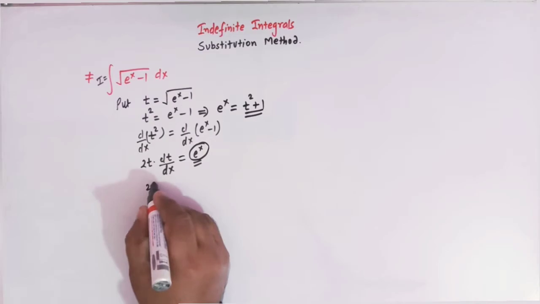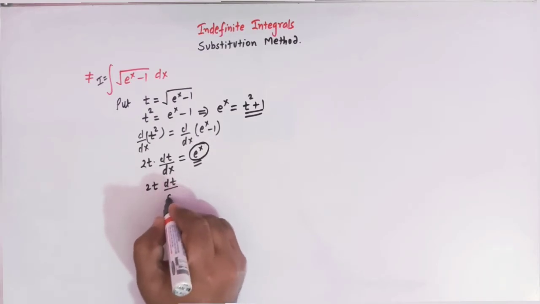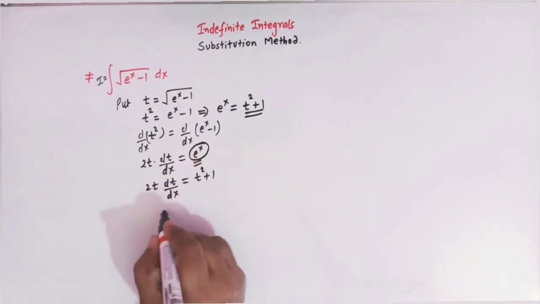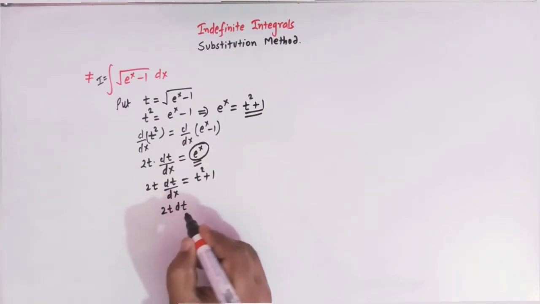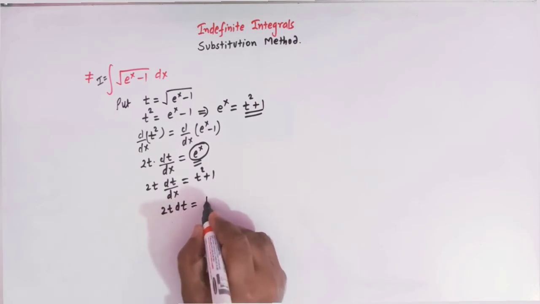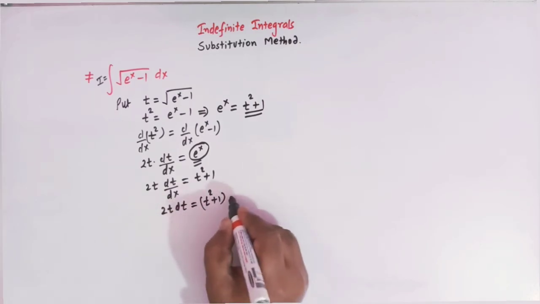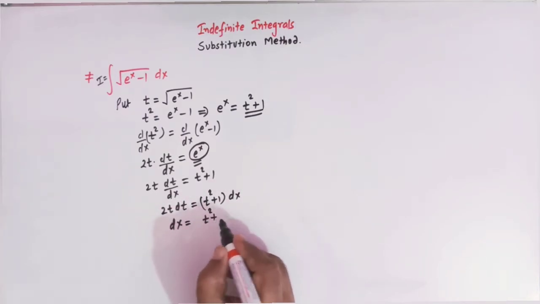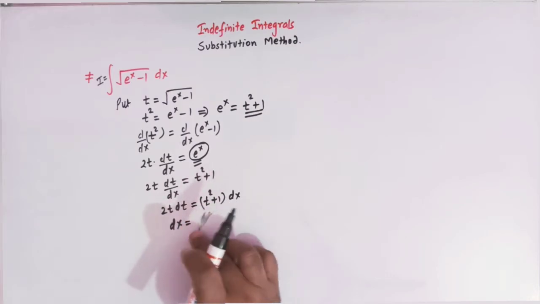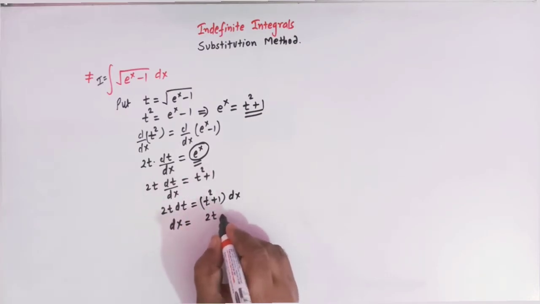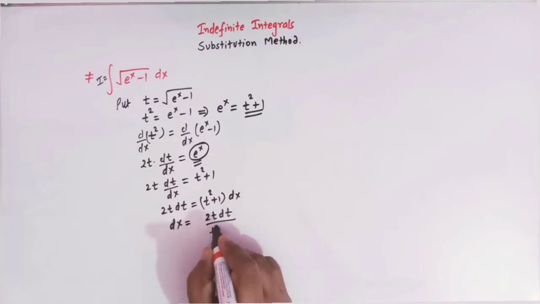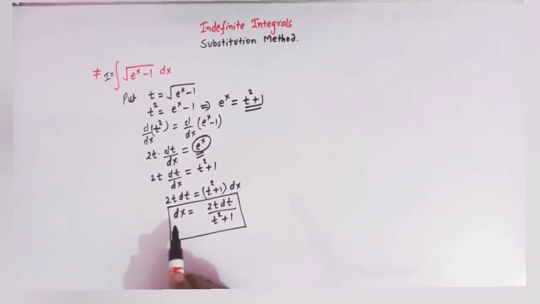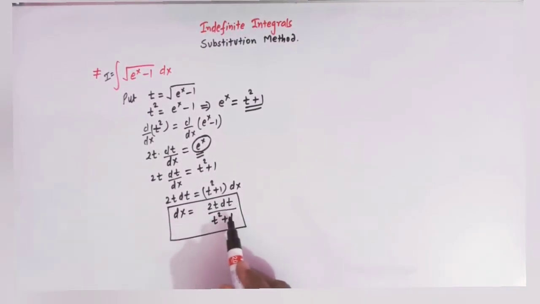So we'll have 2t dt over dx is equal to t square plus 1, and we can also write this as 2t dt is equal to t square plus 1 dx, and dx can be written as 2t dt over t square plus 1. So now we have the value of dx in terms of t.